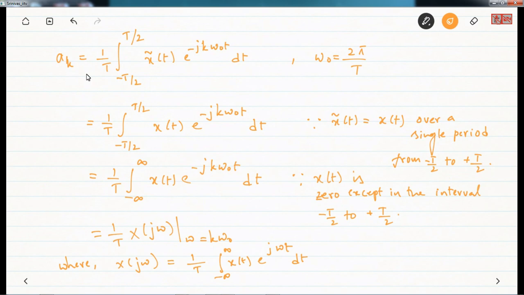So these steps, now we are here. So I can write this as 1 over T, and this entire thing I can write as X of j omega.